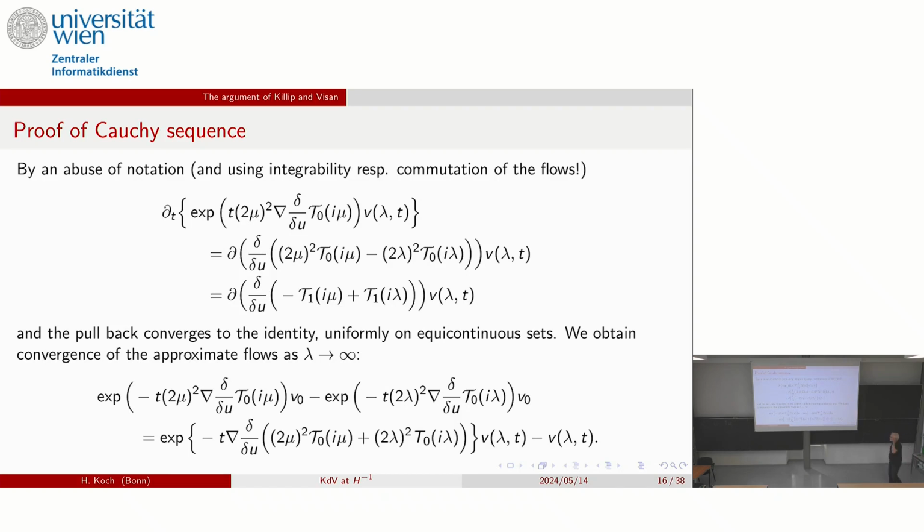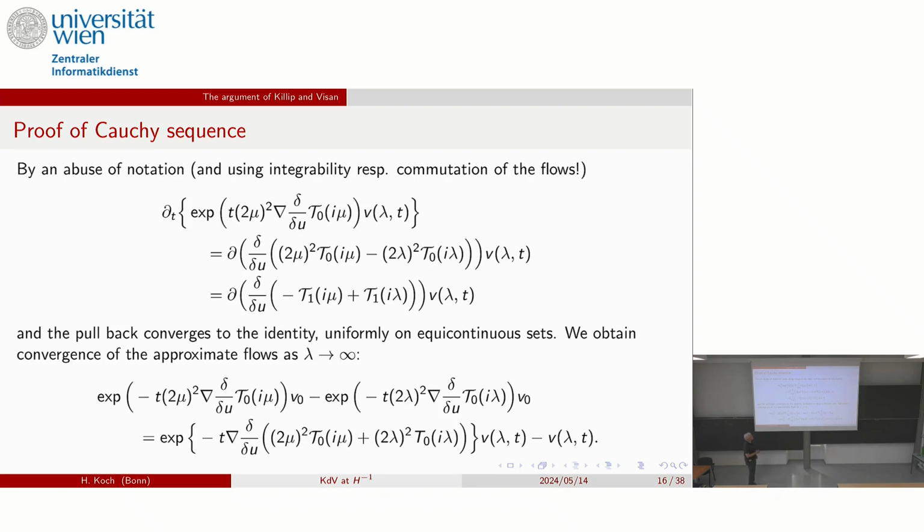Now, why is it a Cauchy sequence? Well, if I denote the evolution by lambda, here with this index, and if I pull it back with the mu variable, then I get by the commutation that this is given by the Hamiltonian vector field, the V variable of the difference.